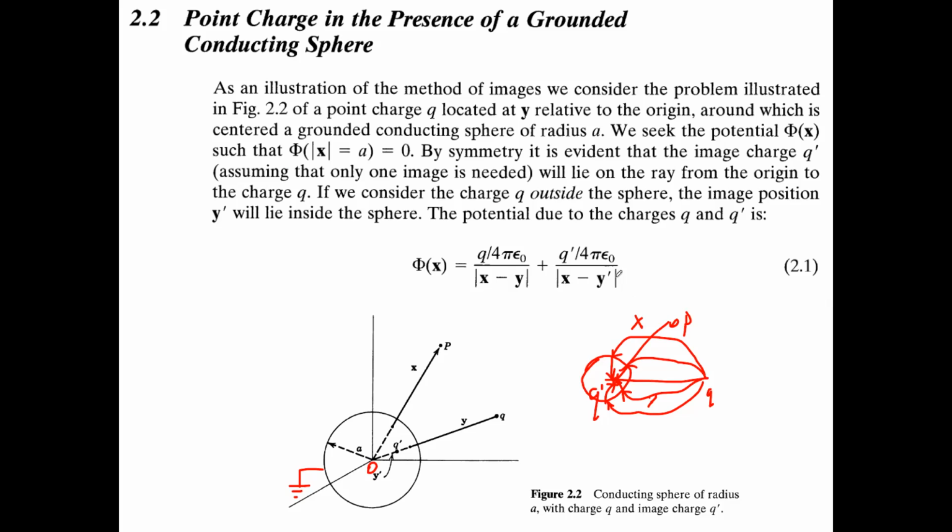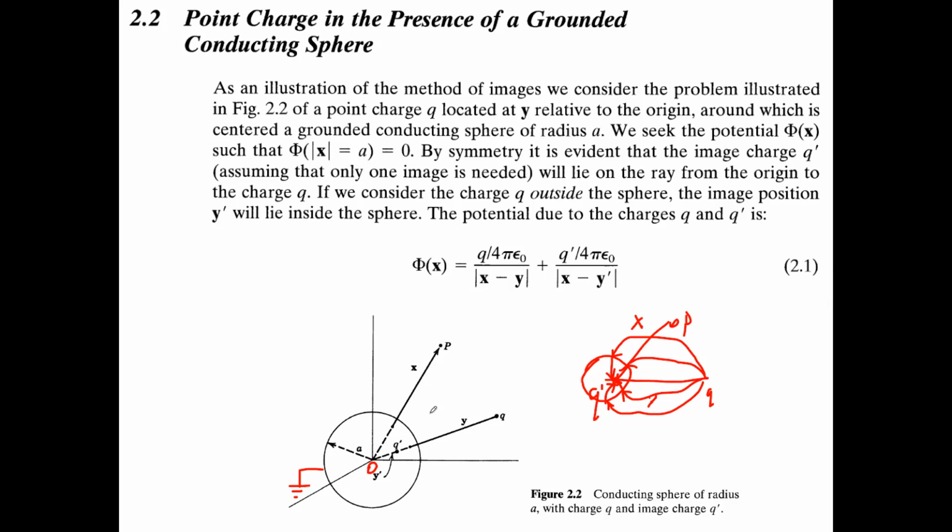And we want to make sure that on the surface of the sphere, a Gaussian or imaginary surface, the phi is always 0. Let's define the radius of the sphere to be a. From the origin to the distance of a, that's the surface.